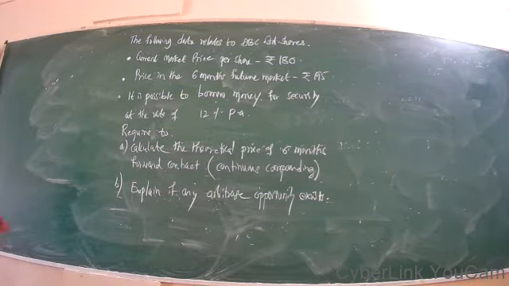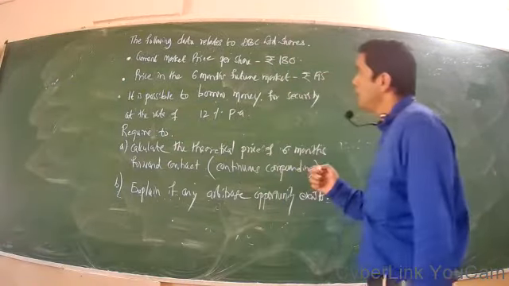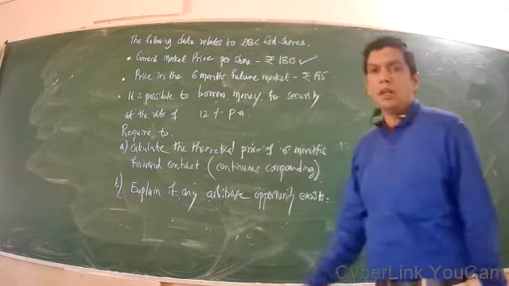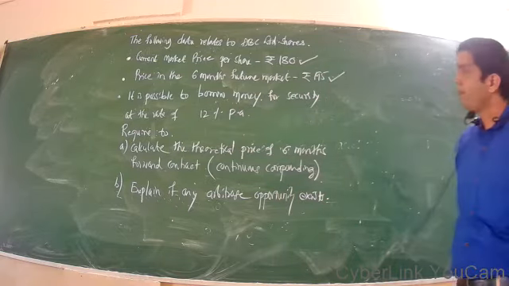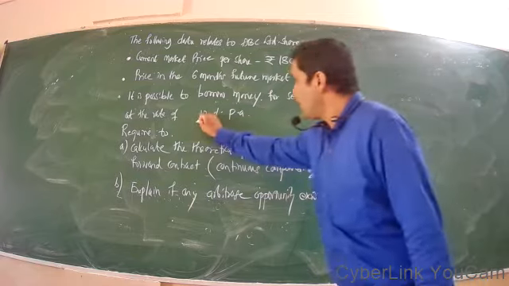See, the following data relates to ABC Limited shares. The current market price per share is rupees 180. Price in the 6-month futures market is rupees 195. It is possible to borrow money for security at the rate of 12% per annum.